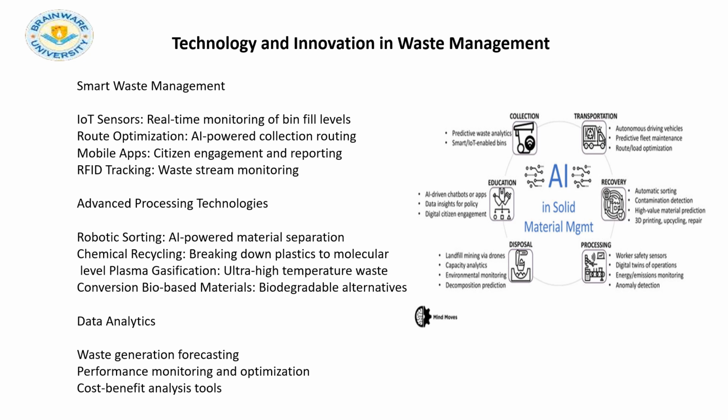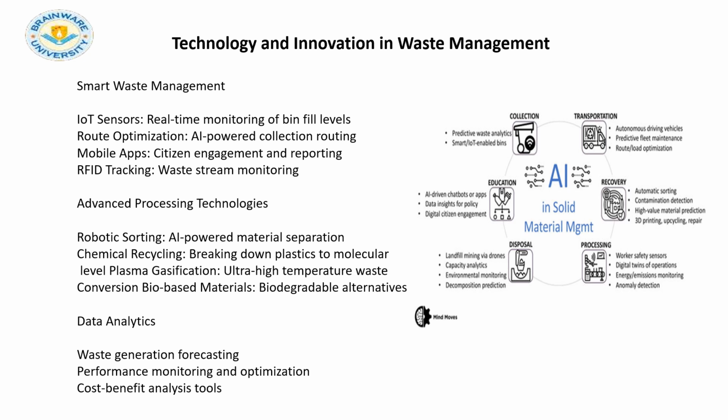Now there are certain technologies and innovations in waste management. Nowadays smart waste management can be done through various kinds of mobile apps and IoT real-time monitoring sensors of bin fill levels. Advanced processing technologies include robotic sorting, which is AI-powered materials separation, and conversion of biomass materials to find various kinds of biodegradable alternatives.